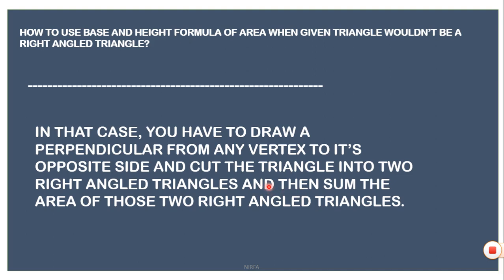Then you calculate the area of the two right angle triangles separately, and then add these two areas. Then you will get the area of your original triangle.